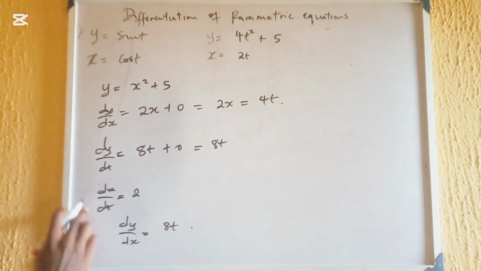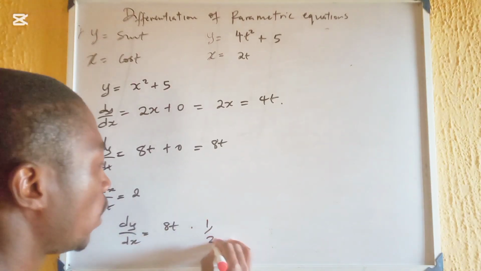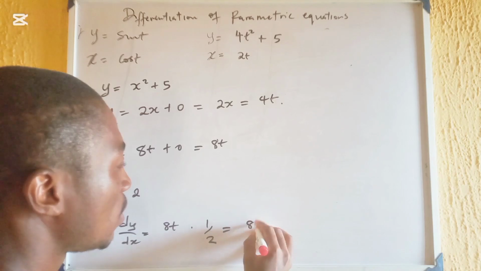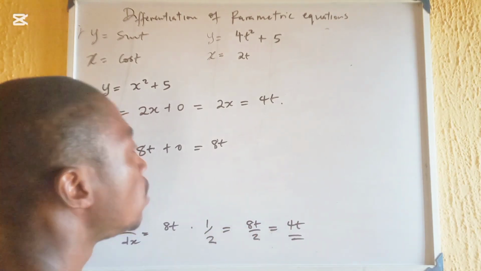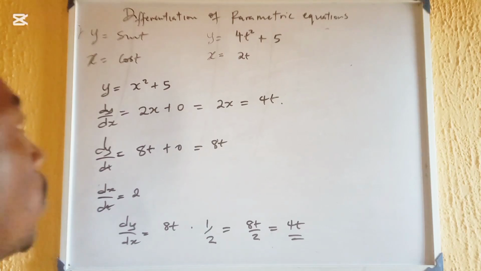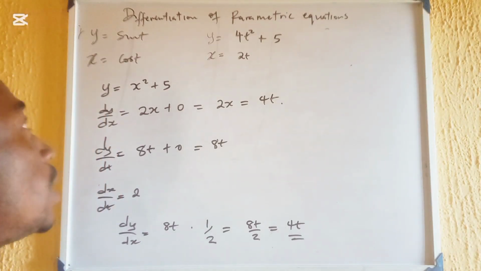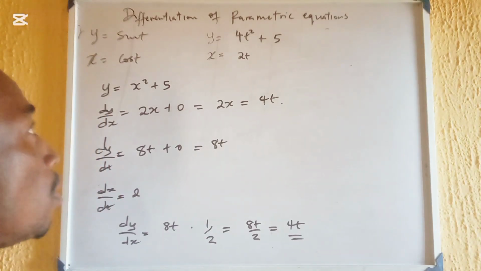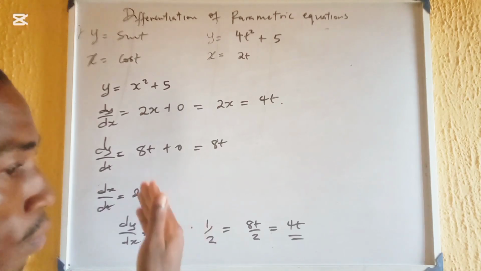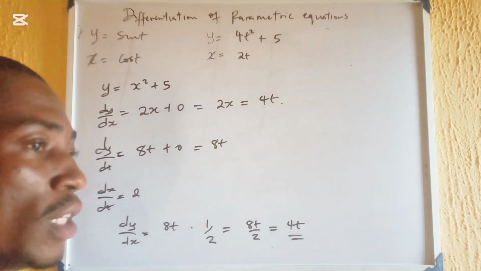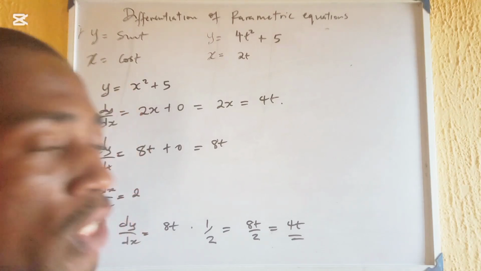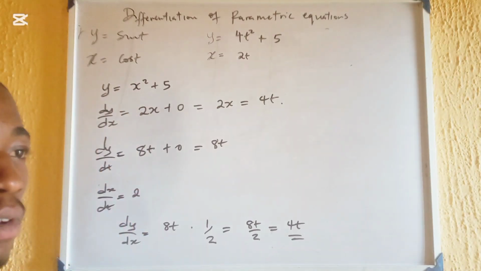But here we have dx/dt, so we take the inverse, that's 1 over 2, and that gives us 8t over 2, which is equal to 4t. So you can see that both of them gave us the same answer. So that's how to handle parametric equations. You just do dy/dt times dt/dx or dy/du times du/dx, whatever you're using as your variable.